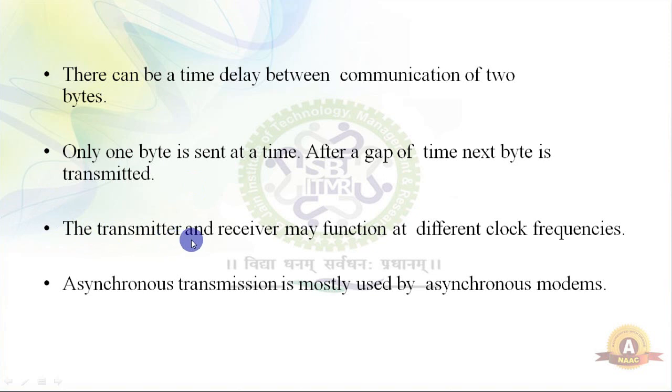The transmitter and receiver may function at different clock frequencies. Because of asynchronous data transmission, there is no need of the same clock frequency that synchronous requires. We already know in synchronous we require the same clock frequency, but here there is no need, so they operate at different clock frequencies.